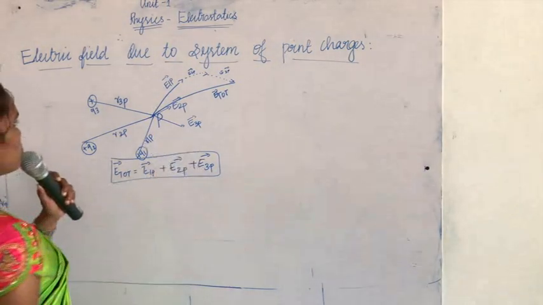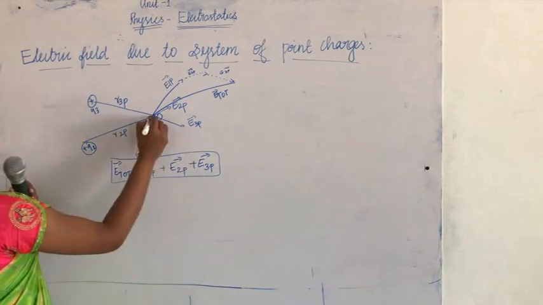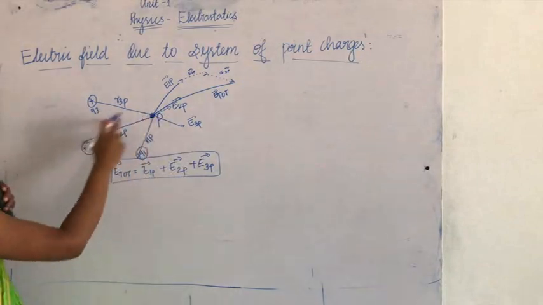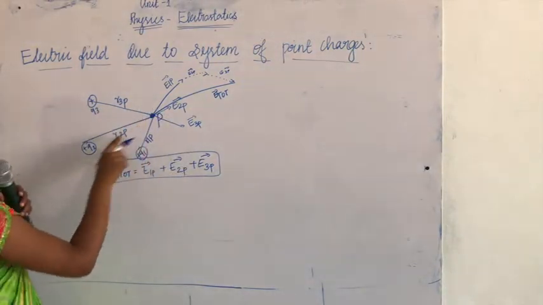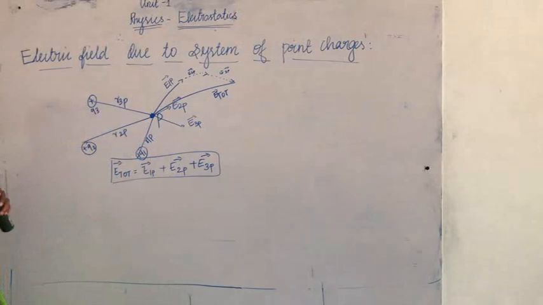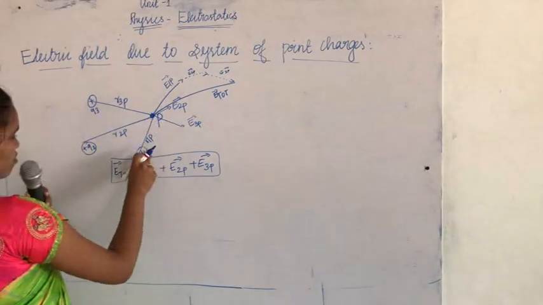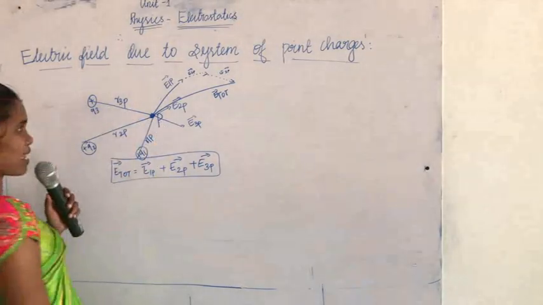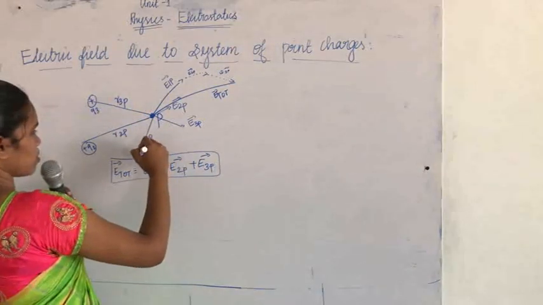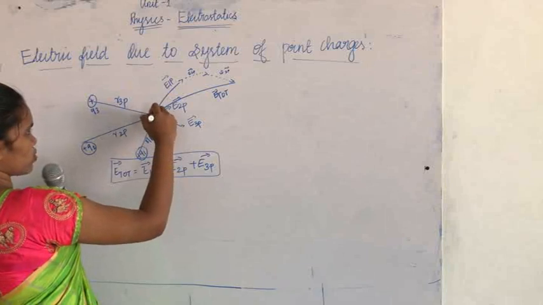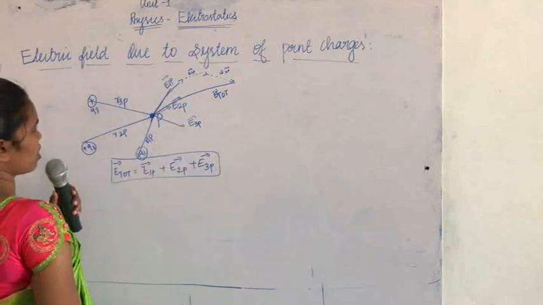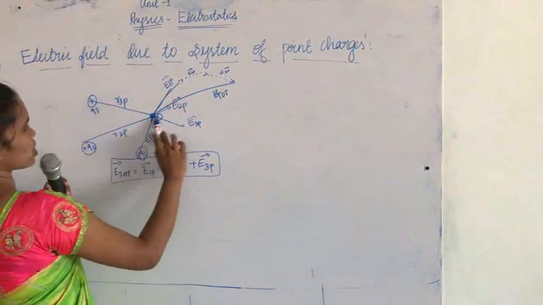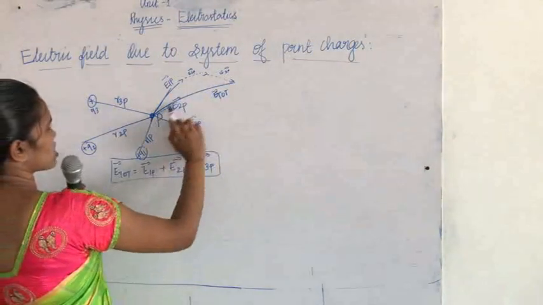Now see the picture. This is the point charge. Okay, this is the point P, and here we are taking three charges, Q1, Q2 and Q3, and the distance between P and the first charge is R1P, this is R2P, R3P. The electric field of the first charge, this line, is E1P, Q3 charge is E3P, and Q2 charge is E2P, and the total is E total.